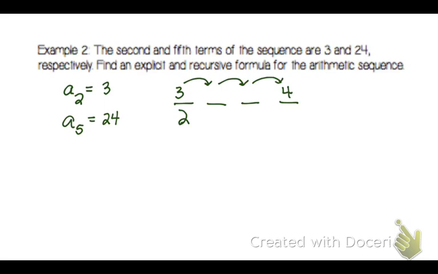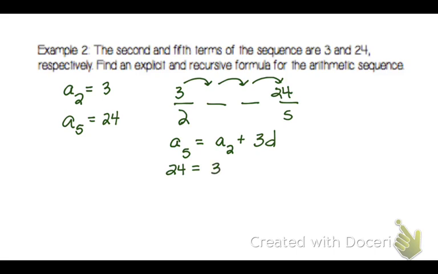So what I tend to think about is that I can use that explicit rule to work backwards. So I know that I have the fifth term, and it is going to be equal to the second term plus 3 times the common difference. And then we just plug in and solve for what we need to know.